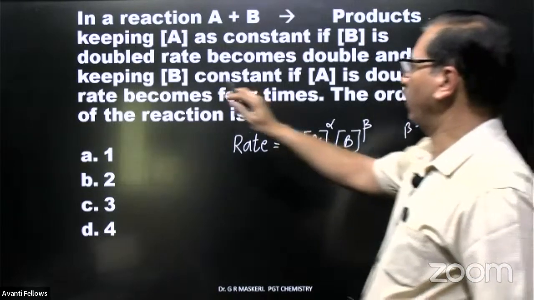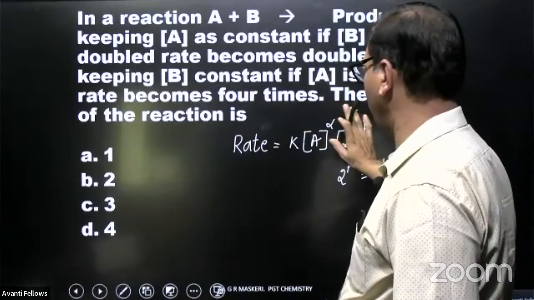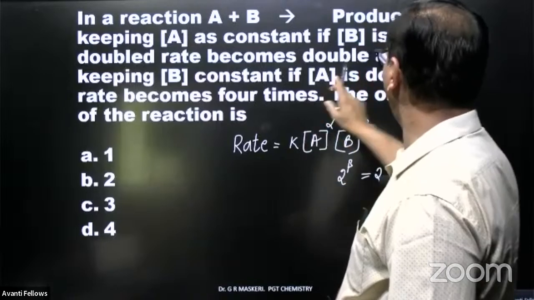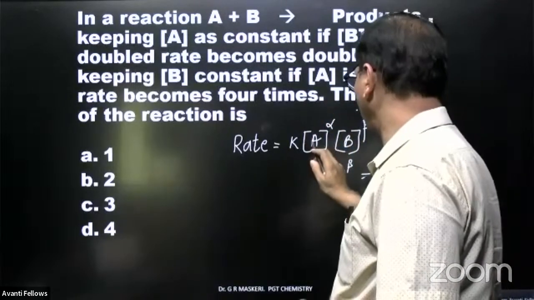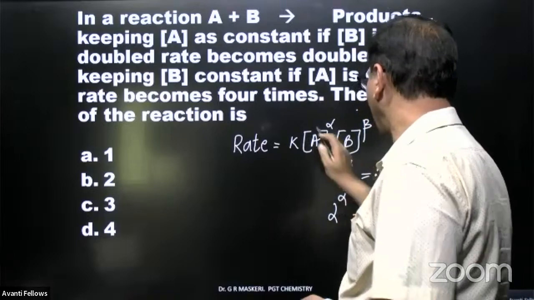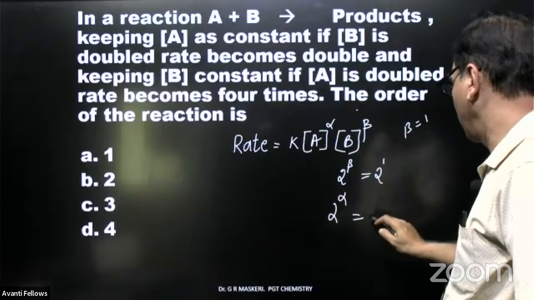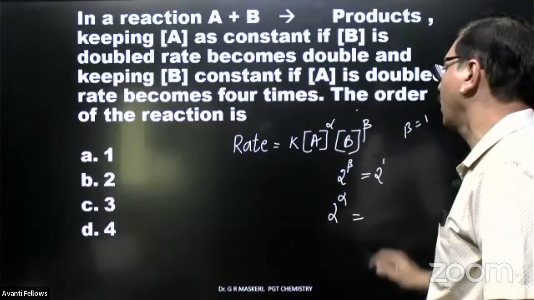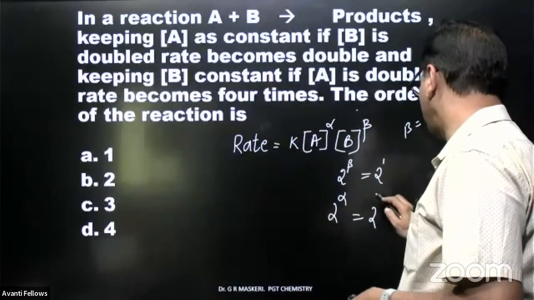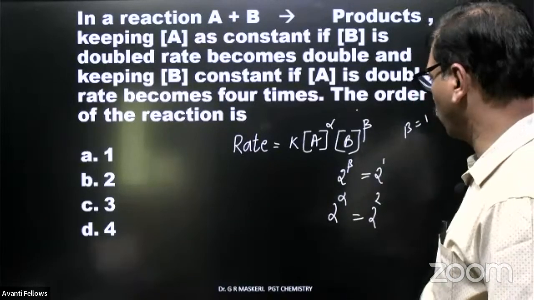Okay. Keeping B constant, if A is doubled, that means 2 to the power alpha. If A is doubled, 2 to the power alpha, it becomes 4 times. 4 times means it is 2 square times.